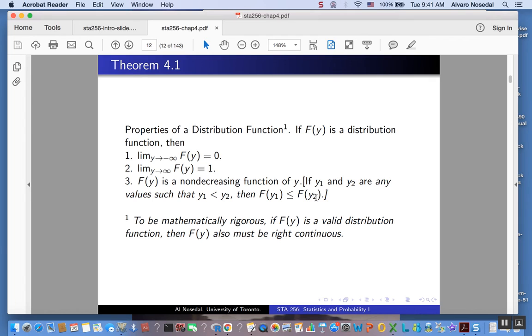Now, in this chapter 4 we are going to be interested in studying continuous random variables. It turns out that the definition of a continuous random variable is related to the behavior of its CDF.